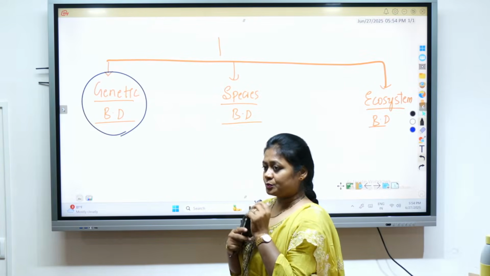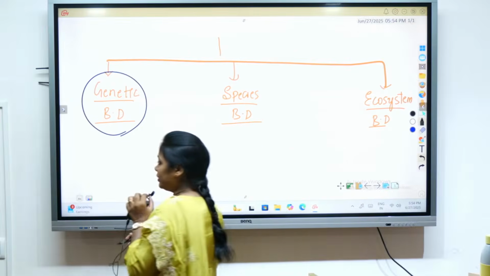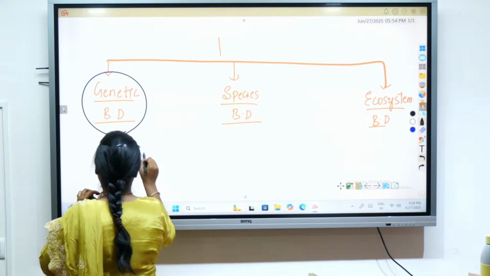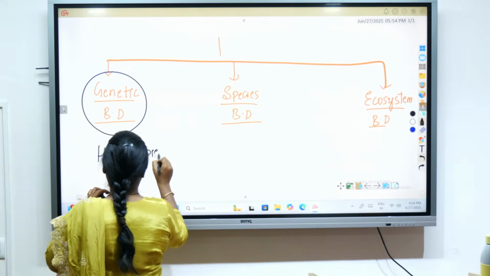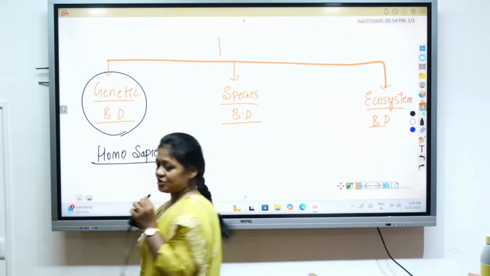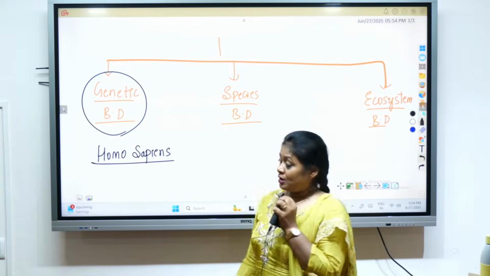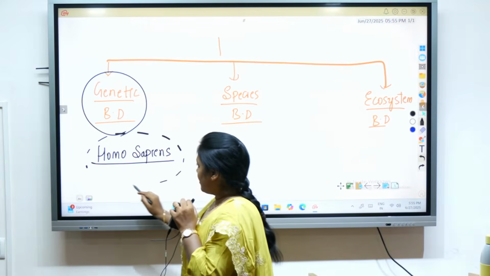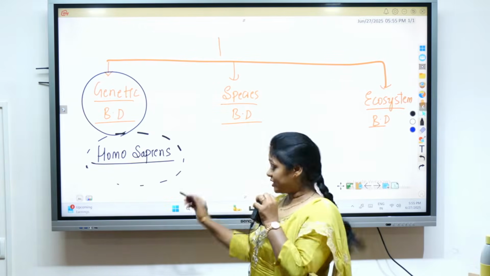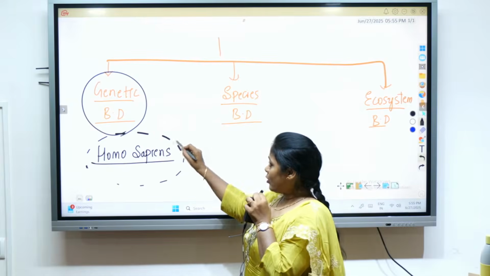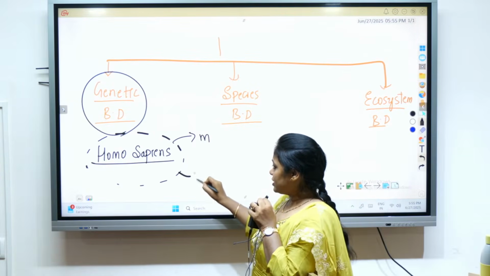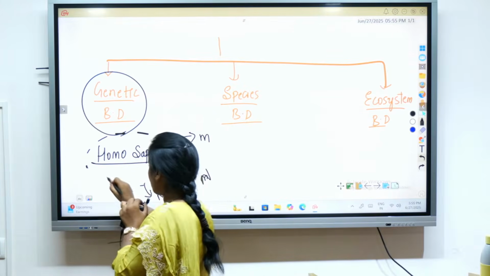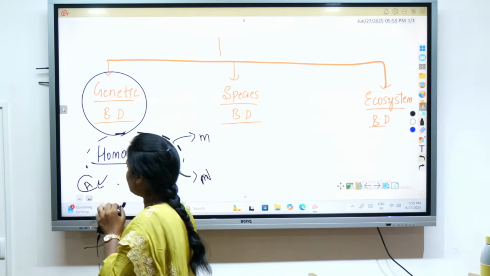Example, take for example Homo sapiens, human species, isn't it? We find genetic diversity, like we have Mongoloids, Negroids, Mediterraneans, Australoids, isn't it?